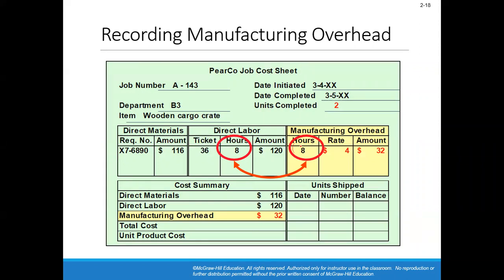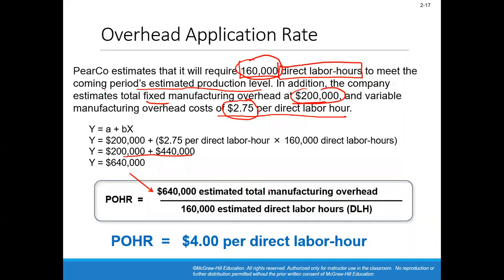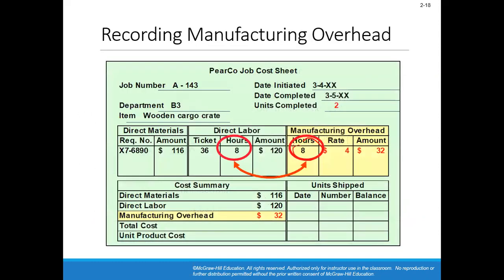So the 8 is here, and the rate is the predetermined overhead rate, $4. If we take the $4, what will be my total manufacturing overhead cost? 32. And if I take this number to the summary sheet, 32, I can determine the total cost of the job. Can you determine it? Up to this, it is clear? Yes, sir.